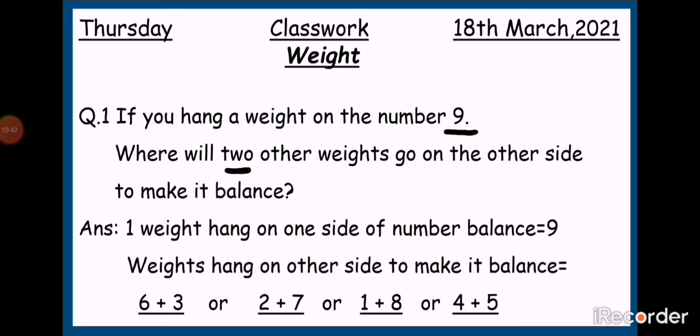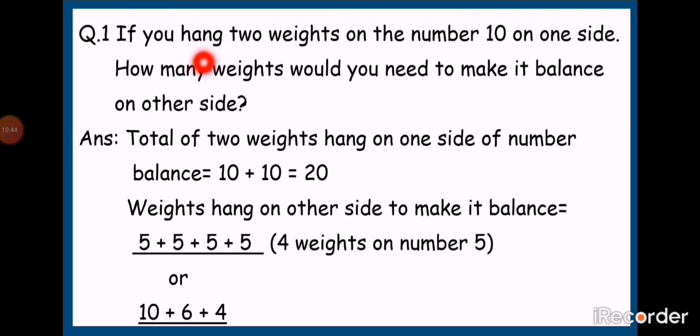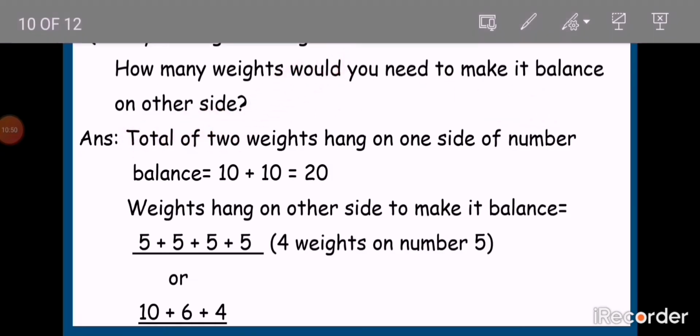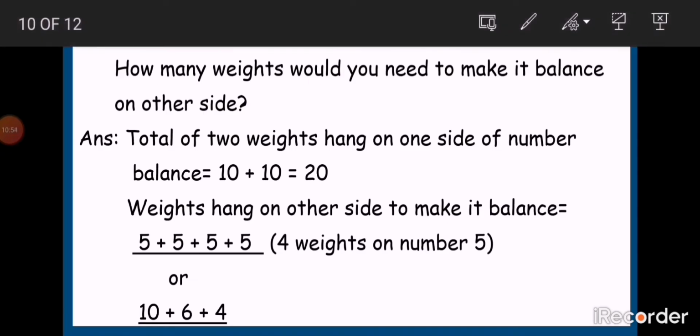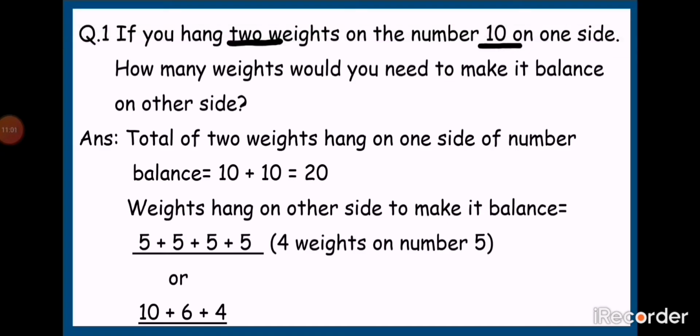If you hang 2 weights on number 10 on one side, how many weights would you need to make it balance on the other side? Again, we have to balance. There are 2 weights on number 10, and we have to find how many weights will balance number 10 on the other side.